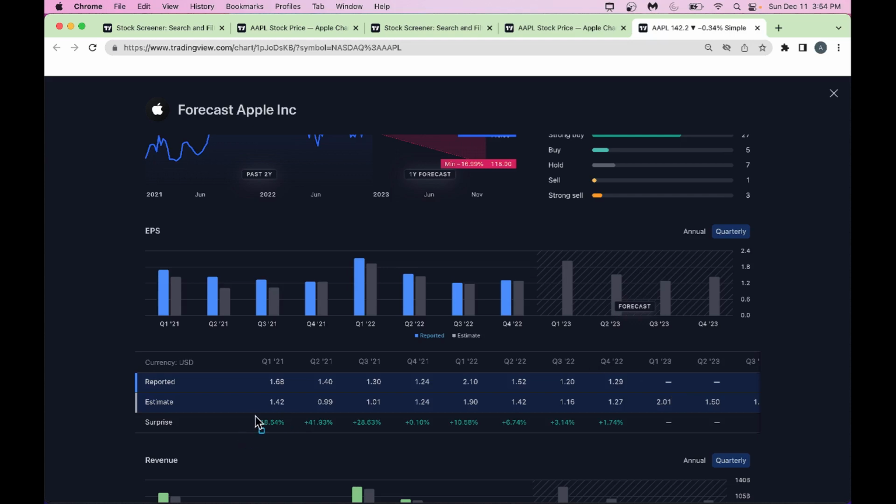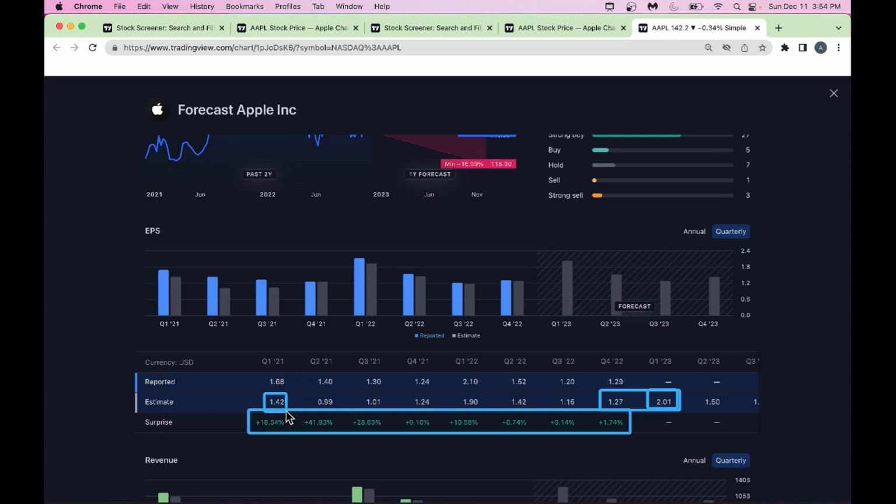From an earnings per share perspective, Apple has been forecasting nicely. And more importantly, analysts are increasing Apple's forecast for the future. In Q1 it's 2.01, and if you look at the previous Q1, it's 1.42. That's a nice jump. That's why a stock like Apple is great fundamentally.